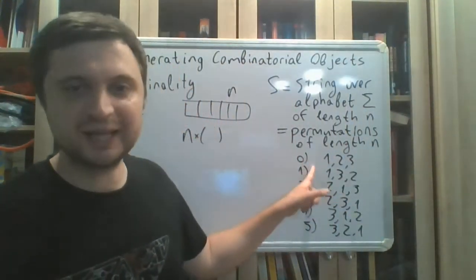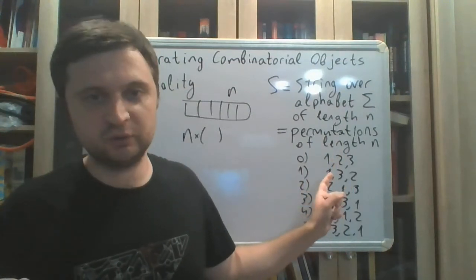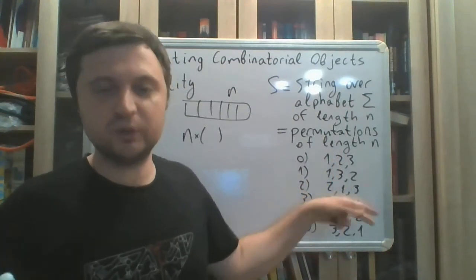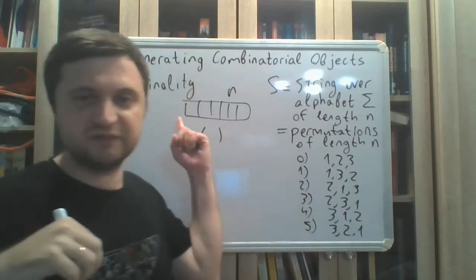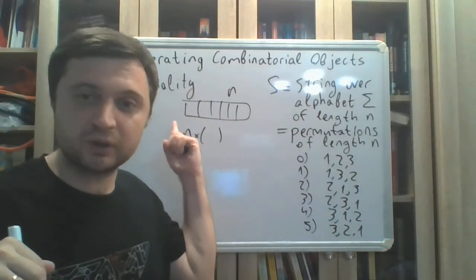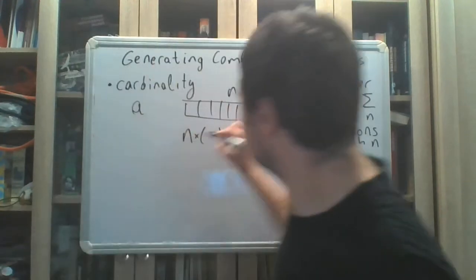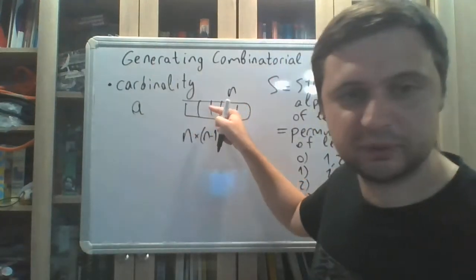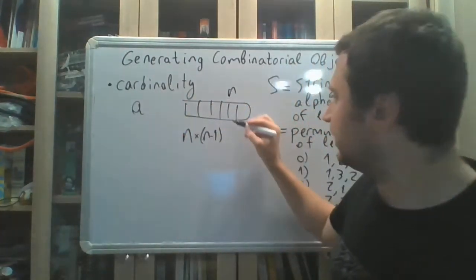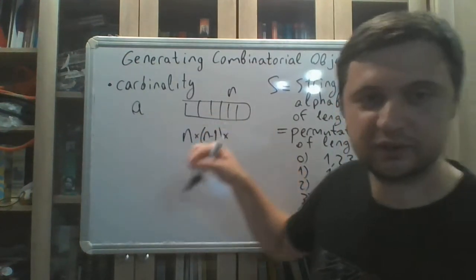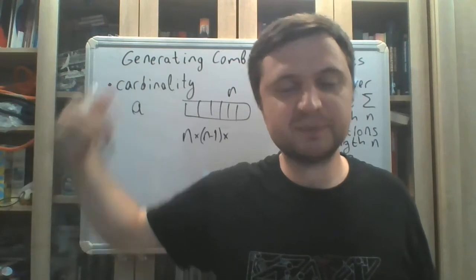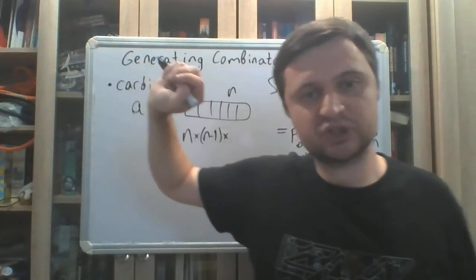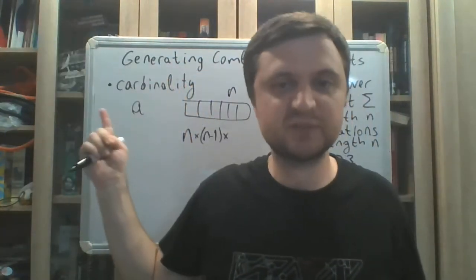So when you apply the 1, you can use a 2 or a 3. When you apply the 2, you can only use 1 and the 3, and so on. But for any specific first number, there are exactly n minus 1 possible values for the second letter. And for the third letter, you can use any number from 1 to n, except for the two numbers that are already used to the left of this position.